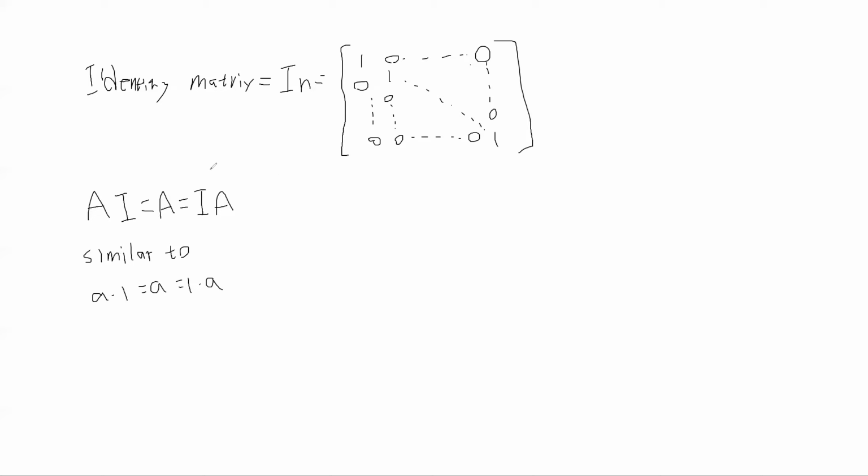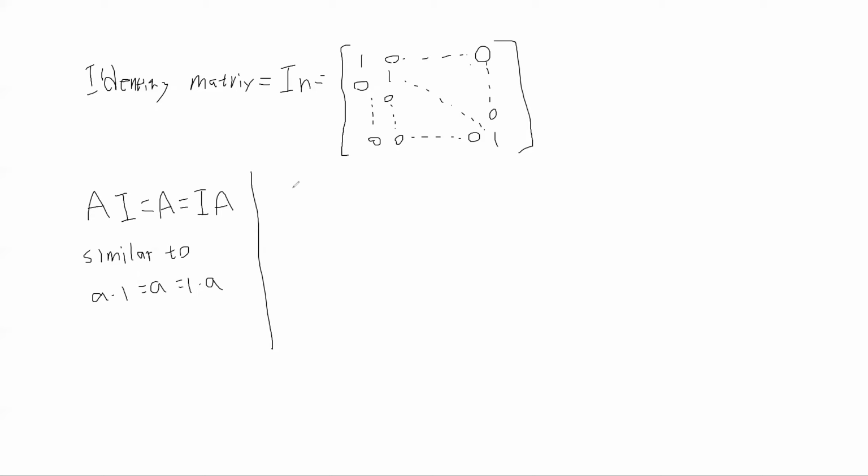Now, on the other hand, what we're going to focus on in this section is we want to look for the inverse of the matrix A. We know it's easy to find the inverse of some real number A. You just take the reciprocal of it and multiply it by A, and then you get 1. But that's not exactly the same for matrices.